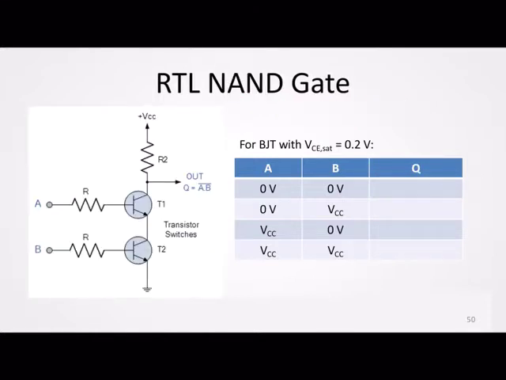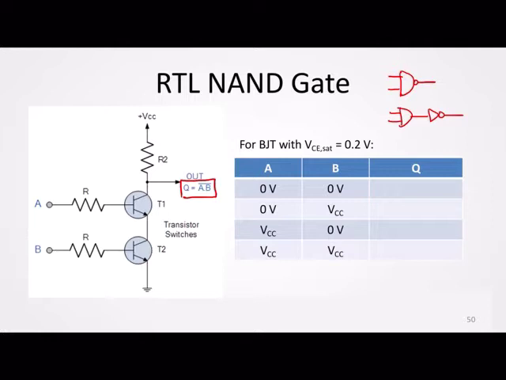For the RTL NAND gate, instead of placing the BJTs in parallel, we place the BJTs in series. Just to recall, a NAND gate is drawn in this manner and it's equivalent to an AND gate and then an inverter afterwards. So we write it in equation form as A, B, with a bar on top to indicate that the output of the AND is inverted.